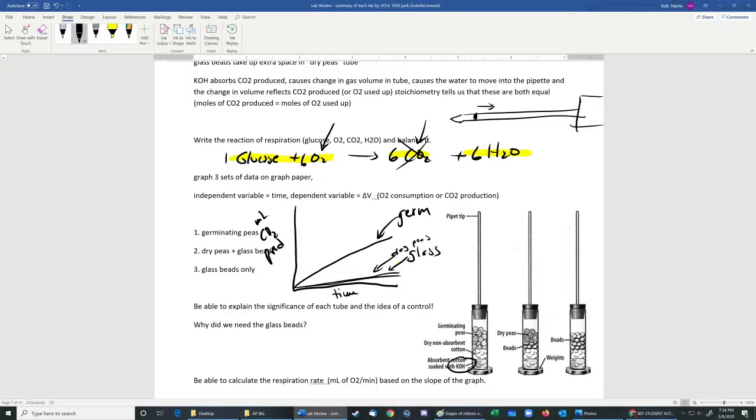So it's no longer a gas, and the entire volume of that CO2 disappears, and essentially the volume inside of the respirometer shrinks as the oxygen gets consumed. There is no gaseous CO2 remaining at the end because KOH takes it out of the system. So that's a good way to allow this to move and actually be an indicator of oxygen consumed.